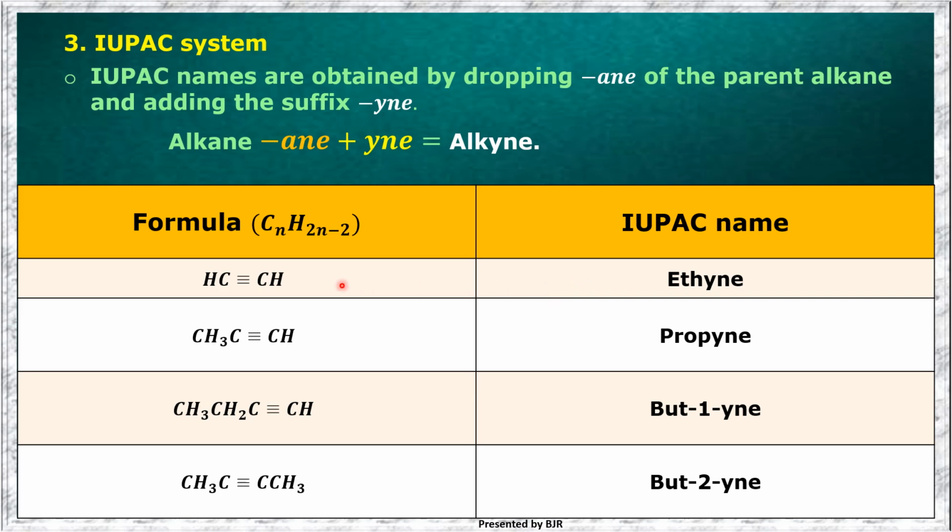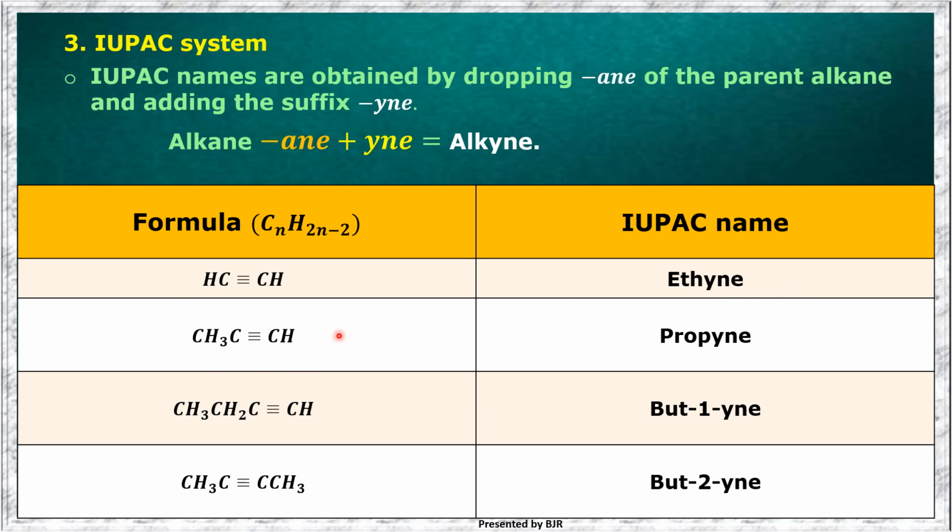We know the first member of the alkynes series is C2H2 and its common name is acetylene. The IUPAC name of the first member of the alkynes series is ethyne, eth plus yne, ethyne.